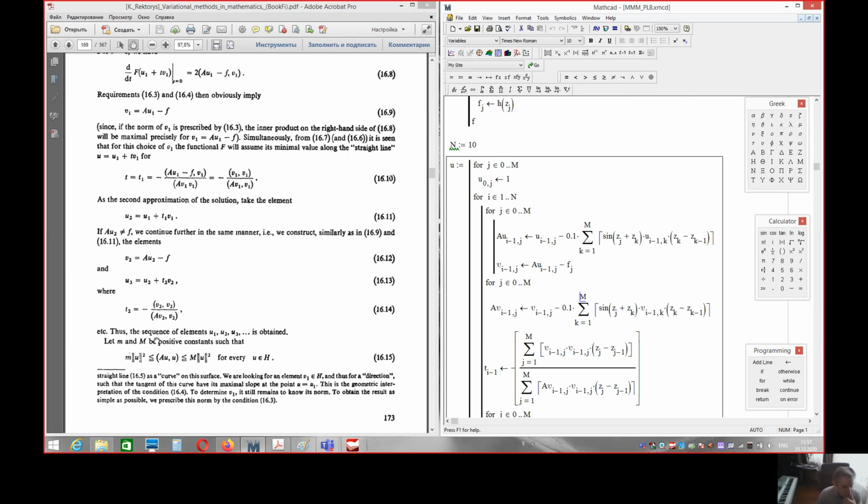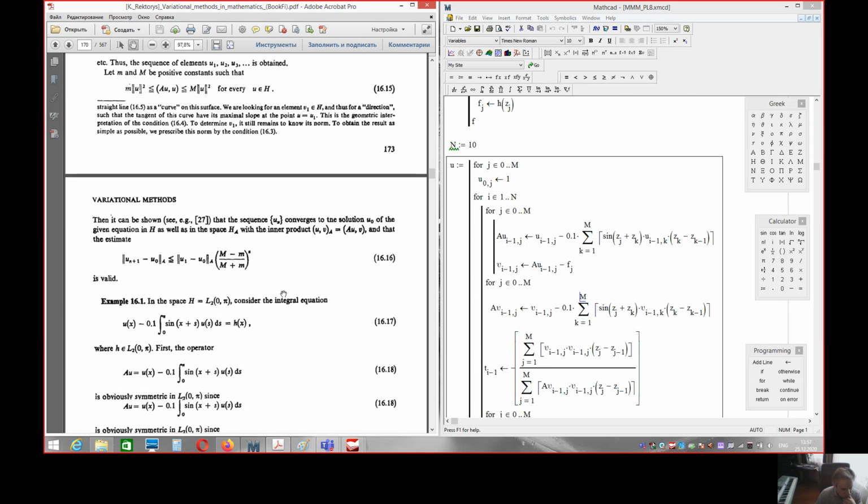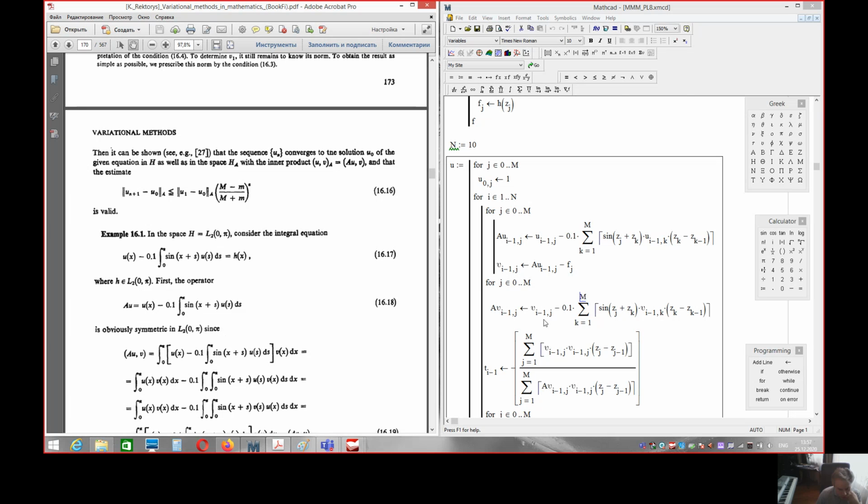And now we have to calculate also Av i minus 1 j. So it is according to this expression, v instead of u from x for v, i minus 1 j minus coefficient by this integral, and it is the same, but here we have v instead of u.